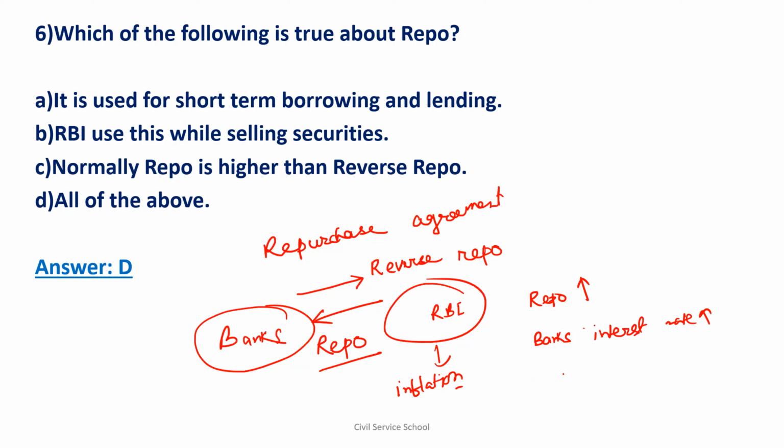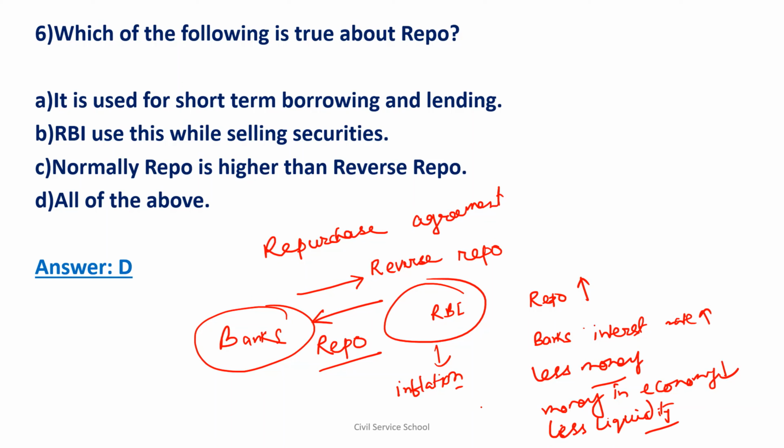Then banks won't be able to take money from RBI, and that means banks will have less money, and then banks will be reluctant to lend money, and that means money in economy is less. That means less liquidity in the economy.